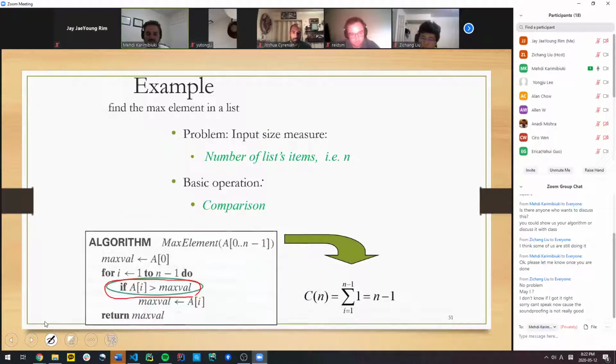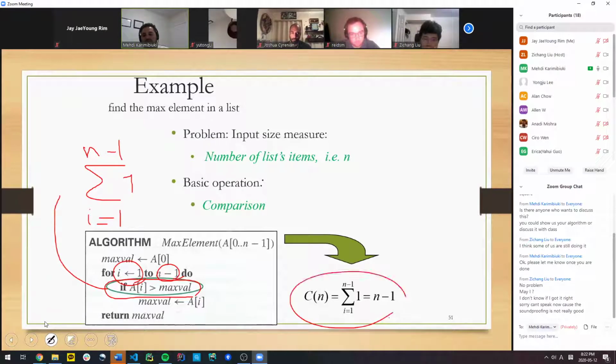And then we have to do the sigma, and the sigma will take i from 1, so i equals 1 goes to n minus 1, and the basic operation is 1 there, right? So that's what we are going to conclude there.